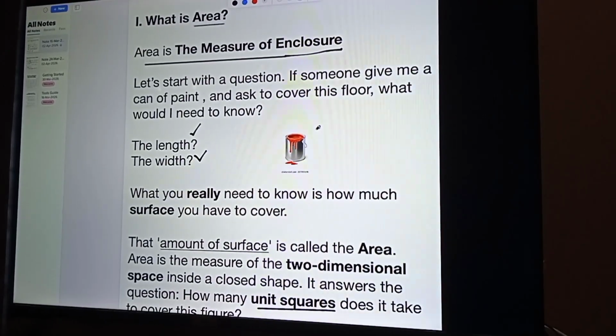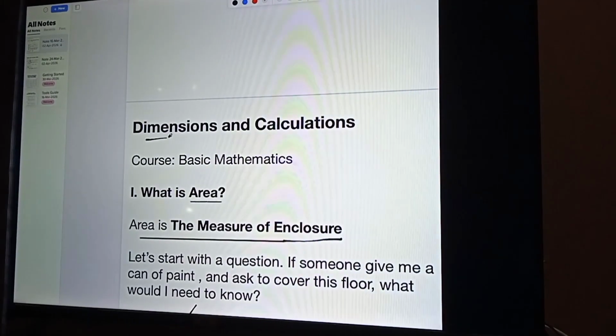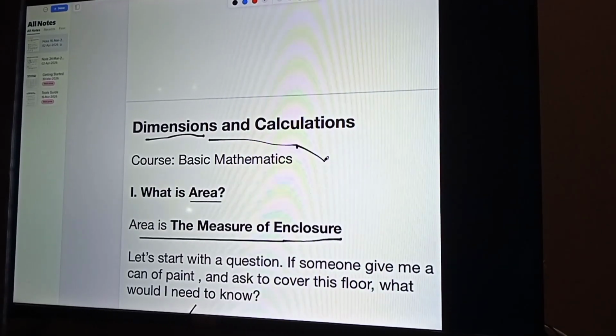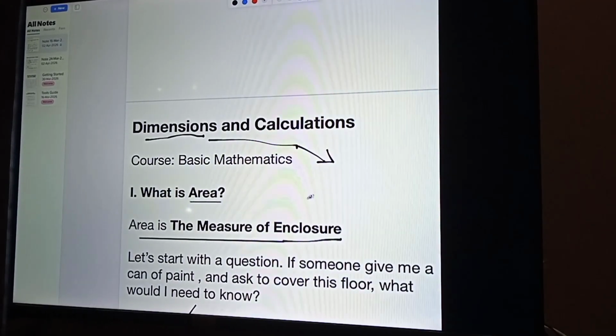What a dimension is basically, and what are one-dimensional, two-dimensional or three-dimensional. So first learn dimensions.